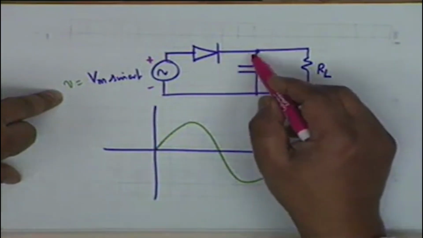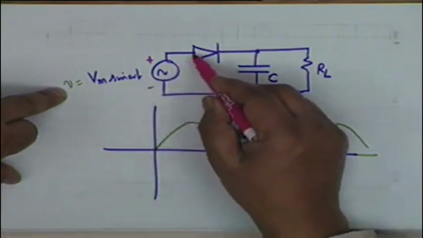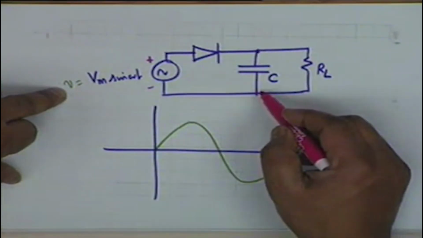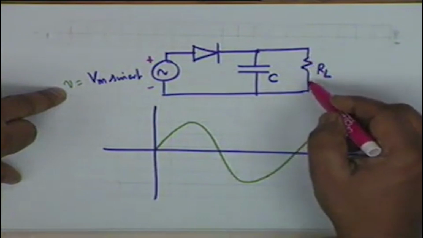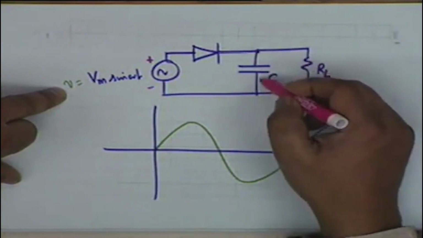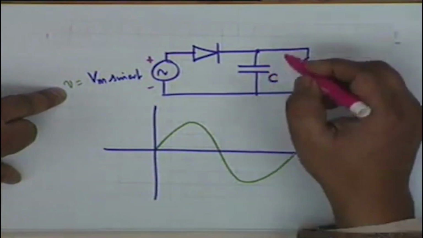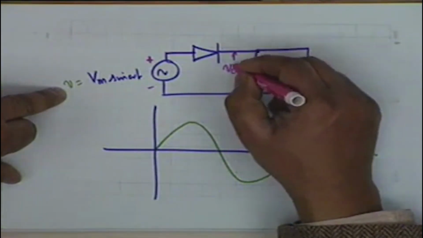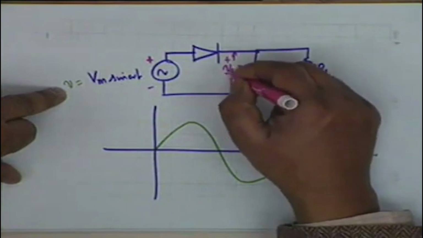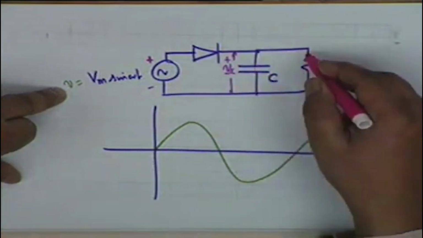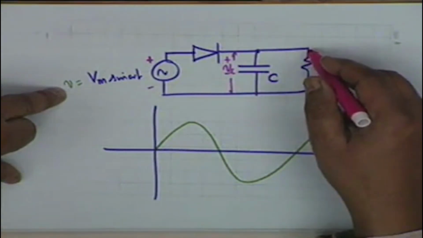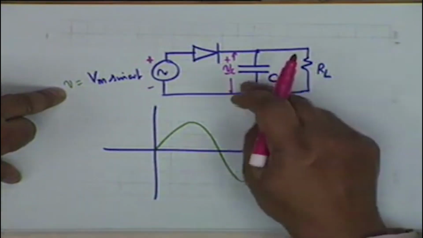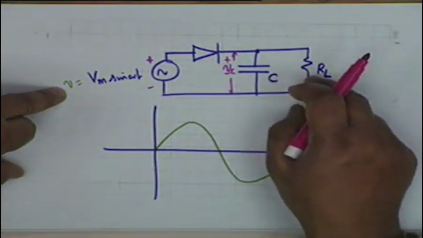There is a current through RL also, we will come to that, but it charges the capacitor, and therefore the capacitor voltage, if you call this voltage V sub C, is the same as the voltage across the load, because the two components are in parallel. V sub C is the same as VL.